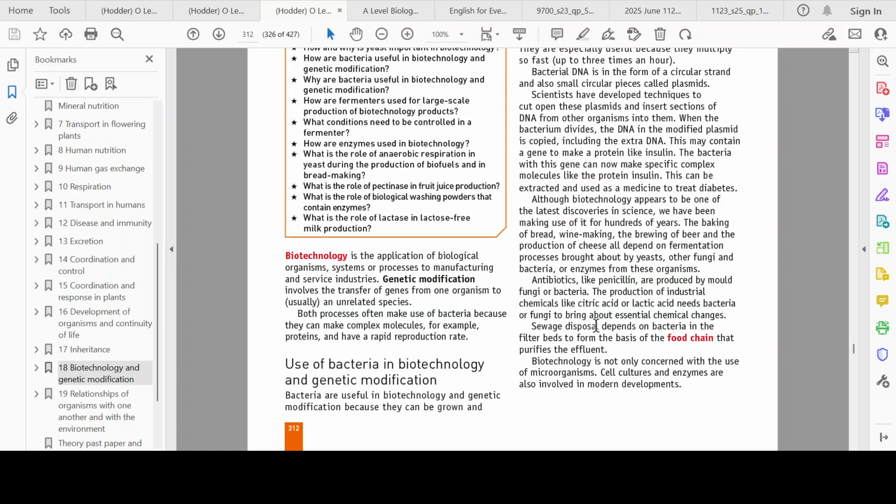So sewage disposal, again, we are using bacteria that are decomposers to utilize the nutrients in sewage and break down organic matter, so that the water purifies, and then you use other chemicals and filtration, sand and everything to clear it out.